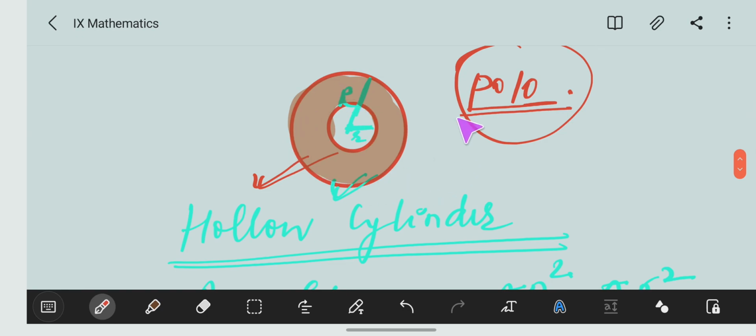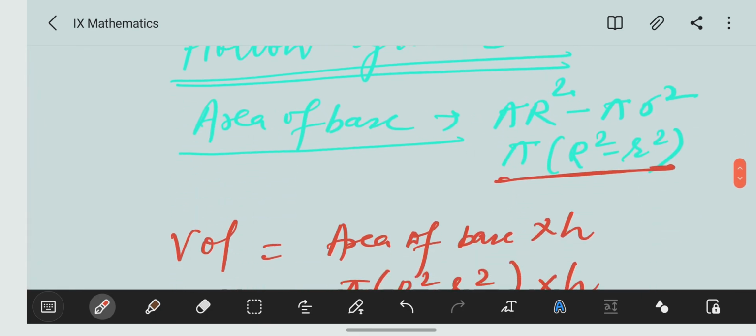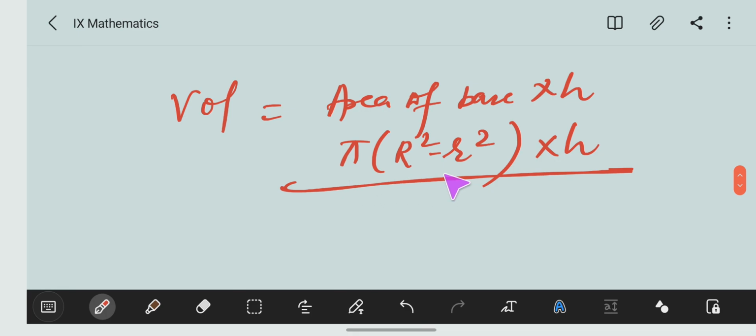If you keep these concentric rings one after the other on top, making a right angle with the axis and with the radius, then you get a hollow cylinder. So pi (R square minus r square) multiplied by h is the volume of the given object, the hollow cylinder.